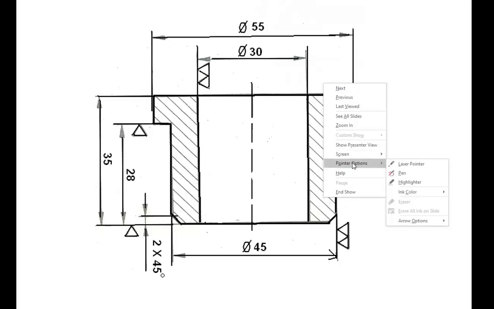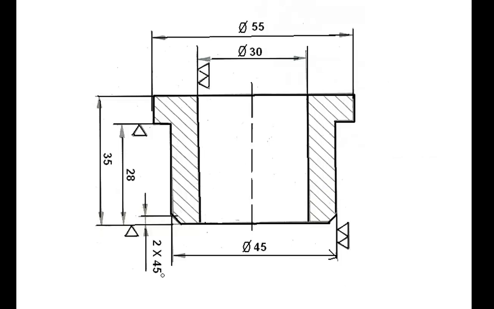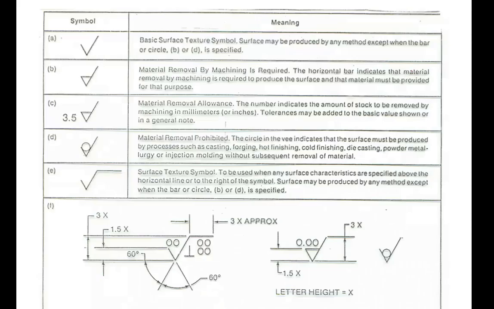Take a pointer, a pen, and say that this surface is to be kept to its existing quality. To say that it is the requirement, have such a tilde, show such a symbol in the vicinity of the projection of the surface. It is to say do not apply any finishing process. Today, instead of using a tilde to say the same thing, we use this symbol.